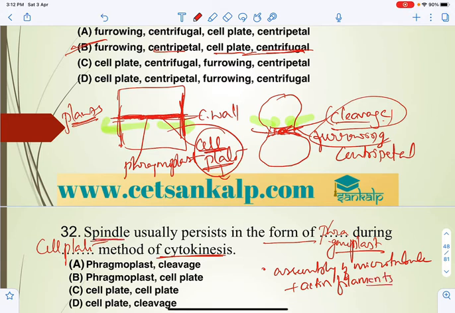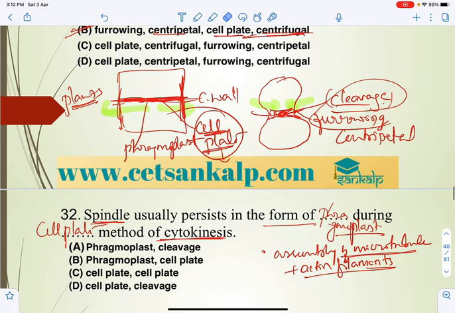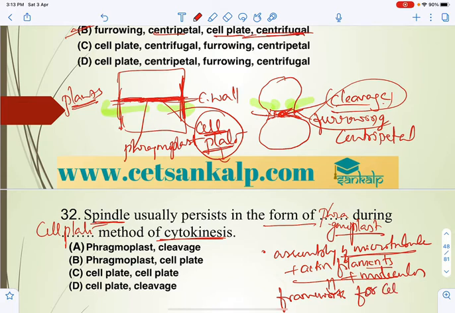So the phragmoplast includes the assembly of microtubules, actin filaments, and some molecules which act as a framework for cell plate formation.